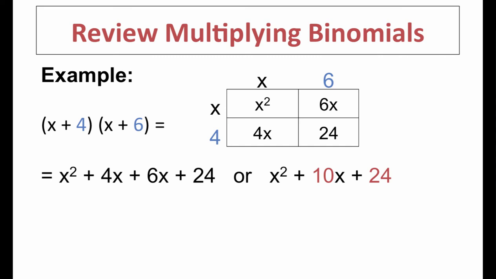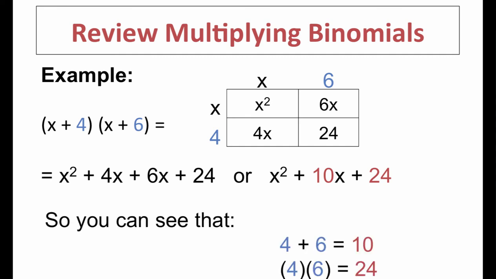So we notice here that our middle coefficient I have in red is the sum of 4 and 6, 4 plus 6. And our constant at the end here, 24, is the product of 4 and 6. Again, that pattern is going to be very, very important as we factor these polynomials with a leading coefficient of 1.